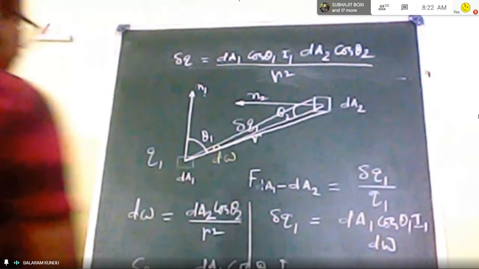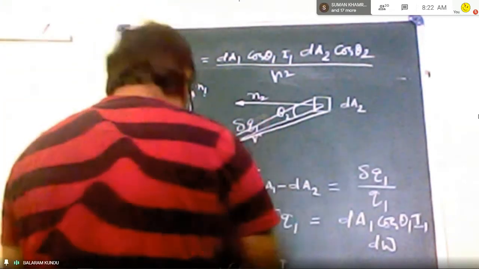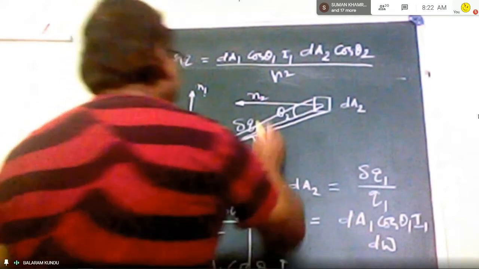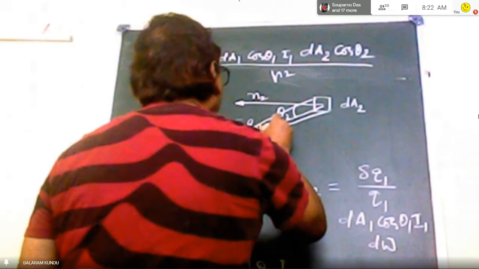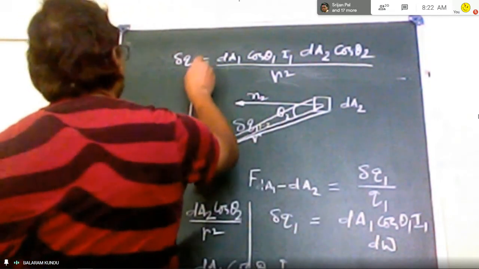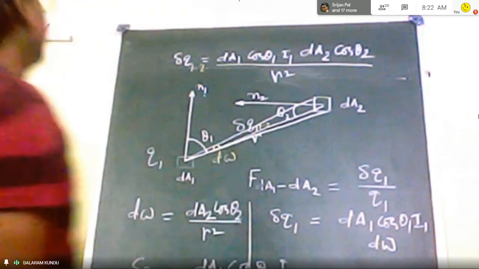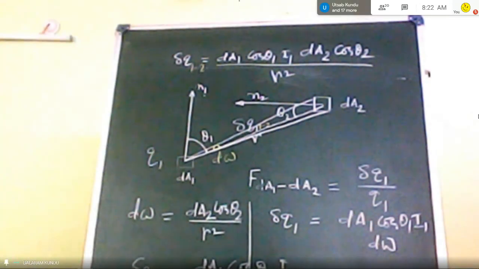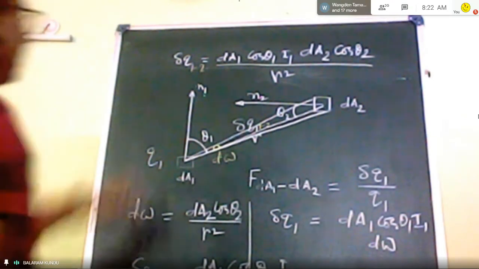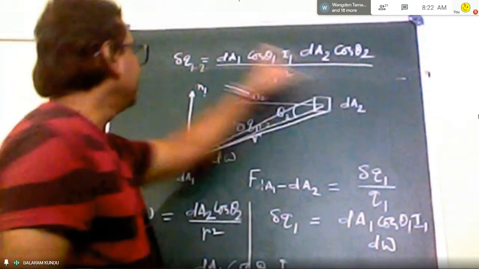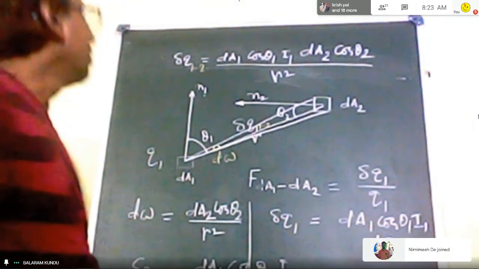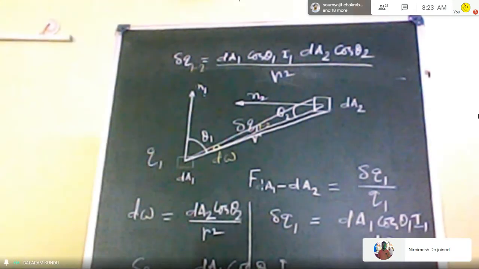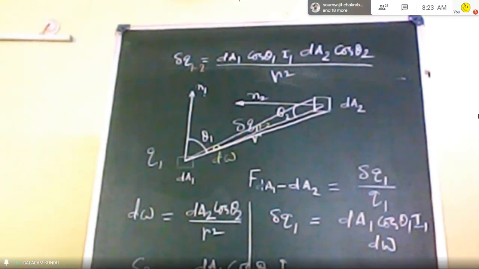The mathematical expression is dA1 into dA2 cos theta 1 cos theta 2 into I1 divided by R square.